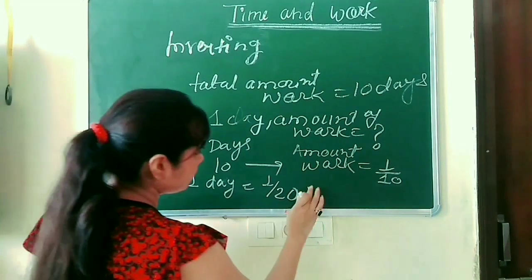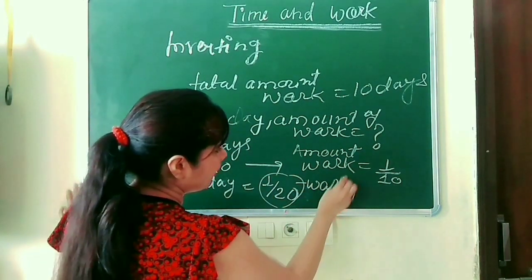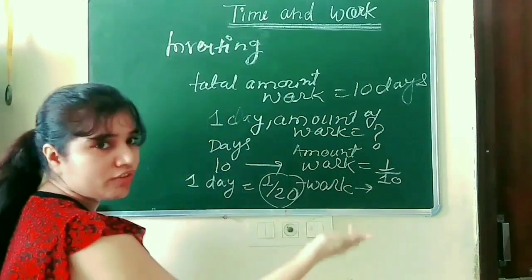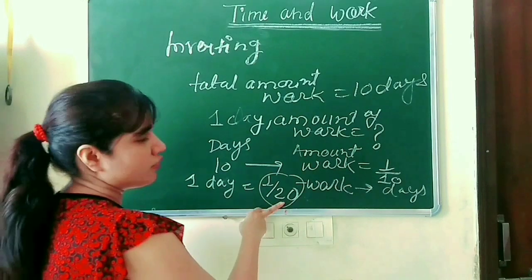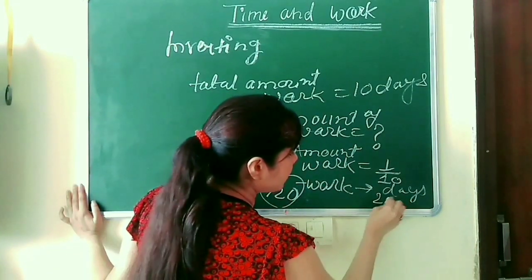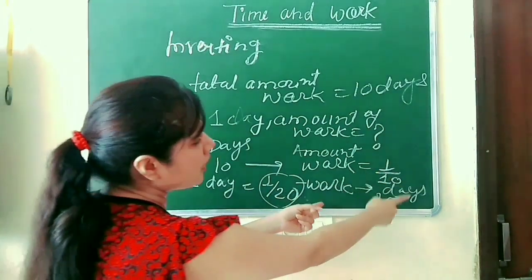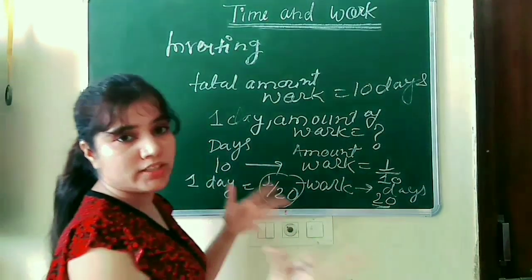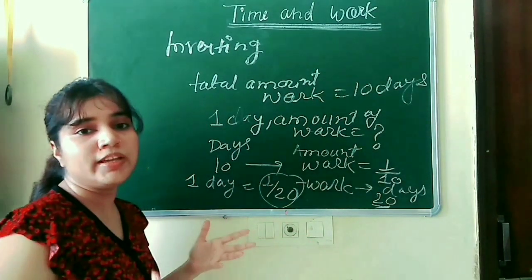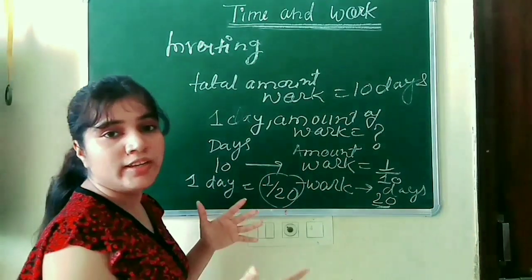This is the amount of work, and we have to find the number of days to finish the work. So simply we invert this, and we get 20 days. So here we are going from work to days, and earlier we went from days to work. In both conditions, we simply invert whatever quantity is given in the question.